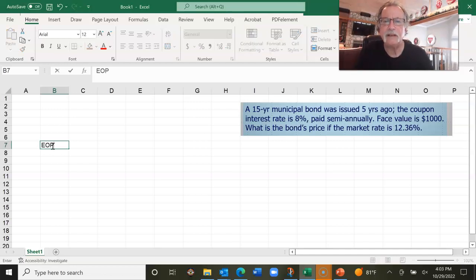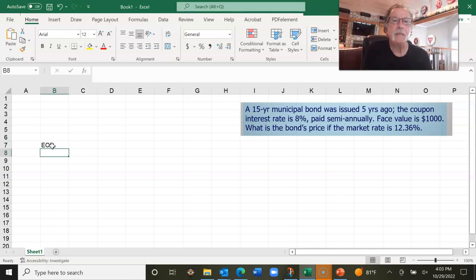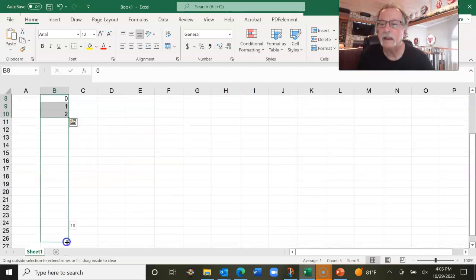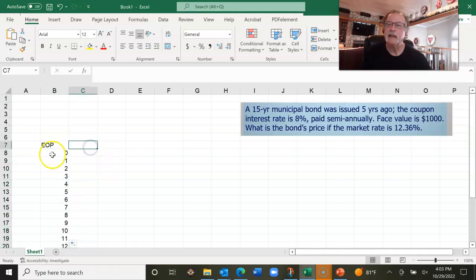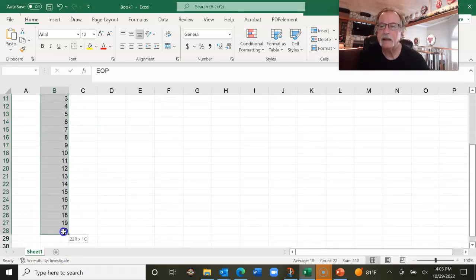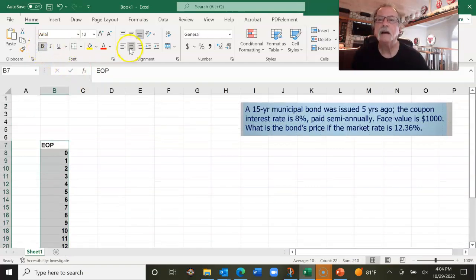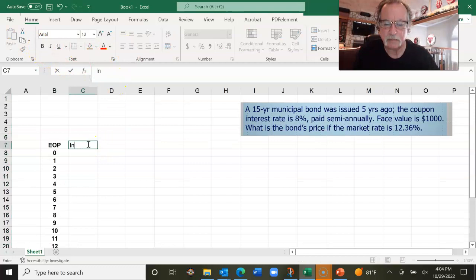So we're going to have end of period, and we're going to have 20 periods. The reason we have 20 periods is there's 10 years left on the bond's life. And so end of period, this is today. And we're going to have the interest payment.